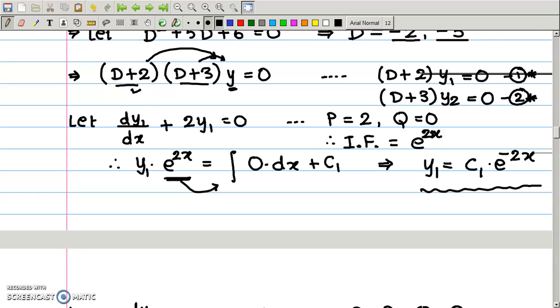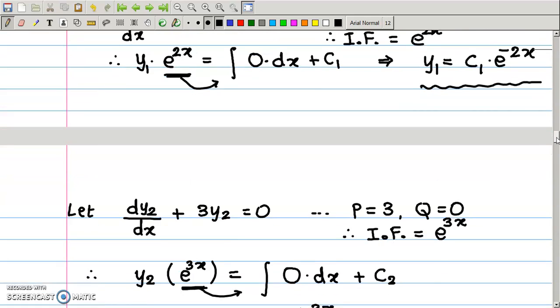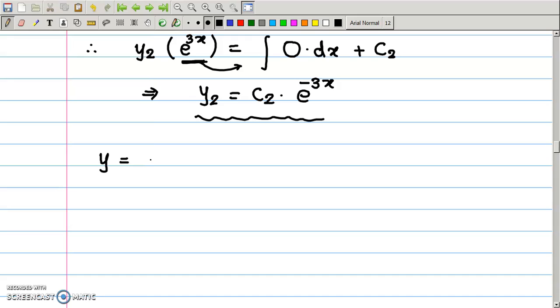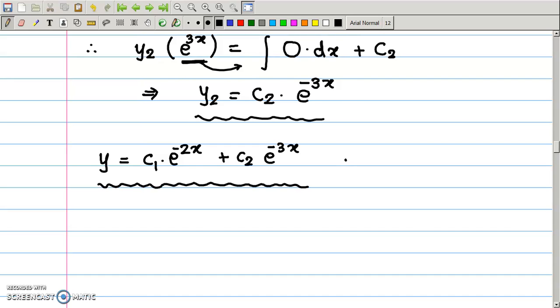So c1 e raised to minus 2x will satisfy this part of the equation, and c2 e raised to minus 3x will satisfy this part. If we combine them together, y is equal to c1 e raised to minus 2x plus c2 e raised to minus 3x will satisfy the given differential equation. Therefore this is the general solution.